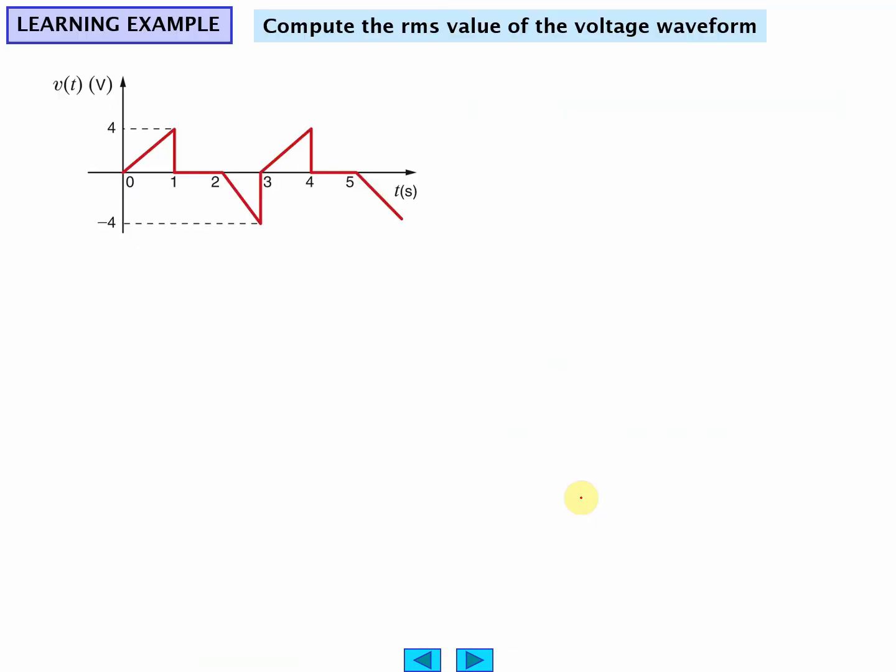Okay, so a couple of examples here. We have a periodic signal. The period is 3, so it does this and then repeats itself, keeps going. We want to know what the RMS value of this waveform is. We take the integral from 0 to 3 of v squared.